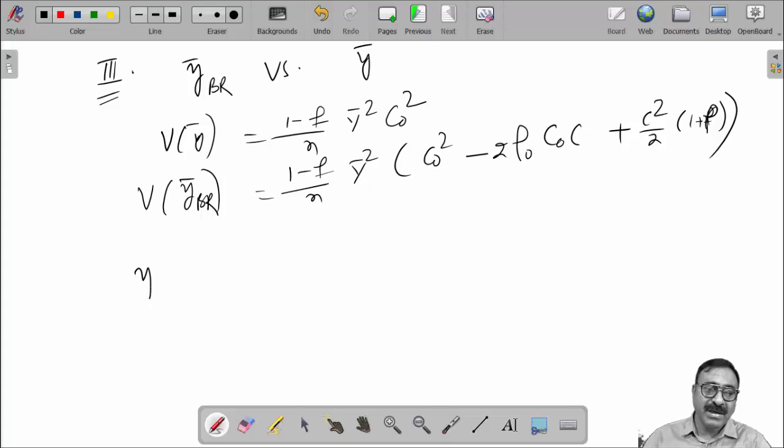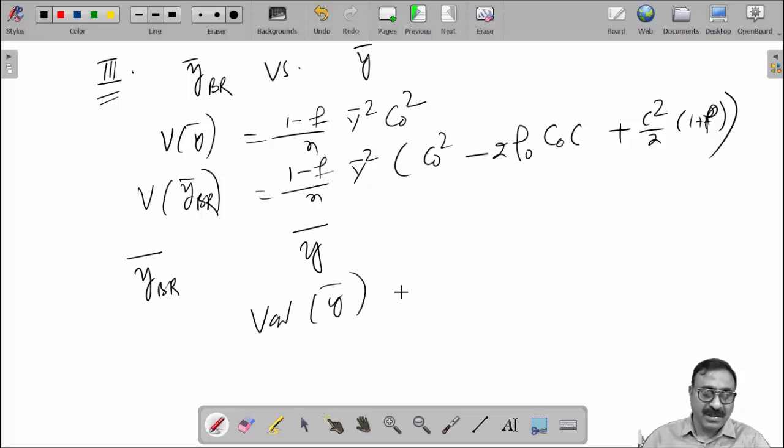Now the bivariate ratio estimator will be superior to the simple mean estimator y bar when the variance of y bar is greater than the variance of the bivariate ratio estimator.